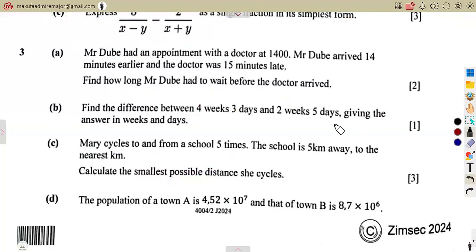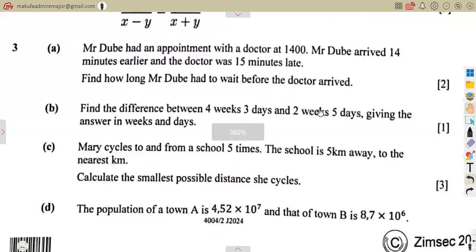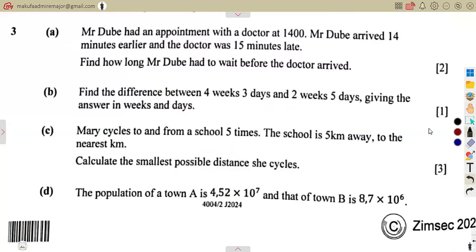All right. On question number 3, because we are done with question 2, let's move on to question 3. We are given on question 3A, Mr. Dube had an appointment with a doctor at 1400 hours. That is the time of the appointment. Supposed to meet at 1400 hours. Mr. Dube arrived 14 minutes earlier.